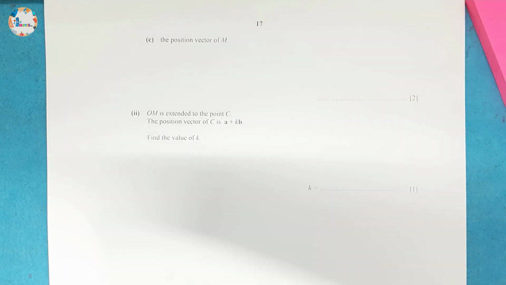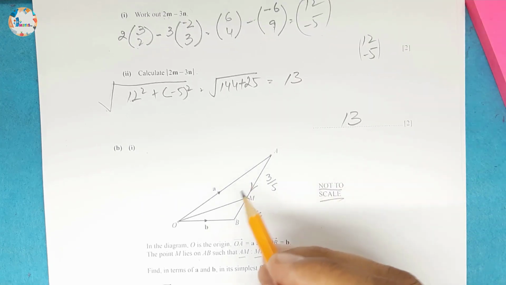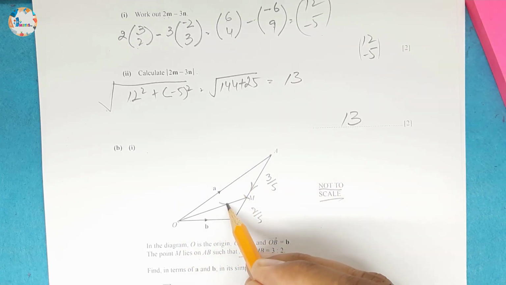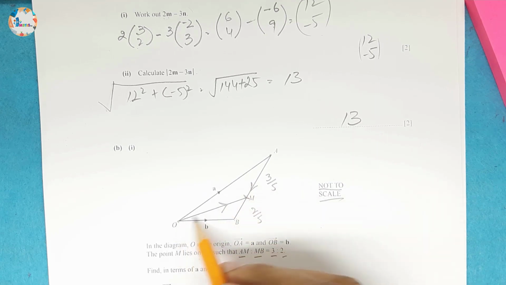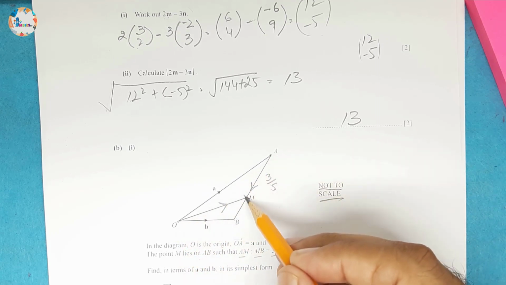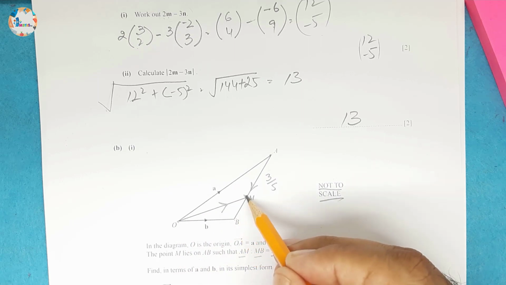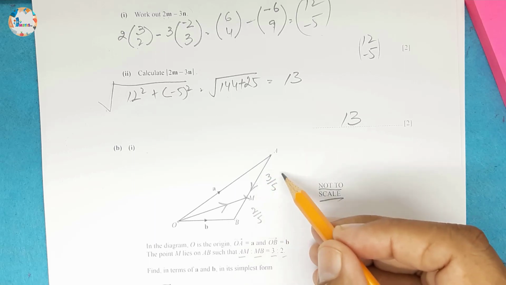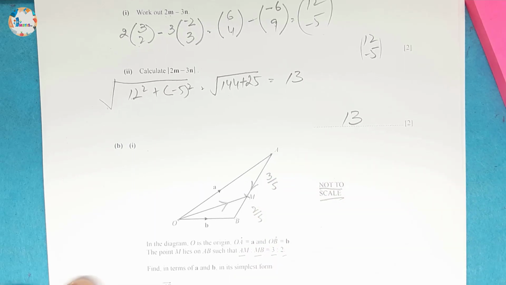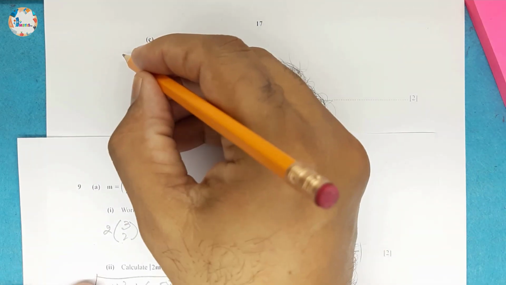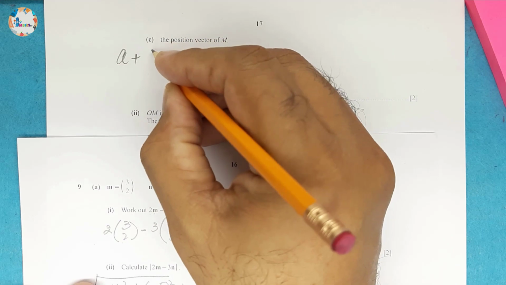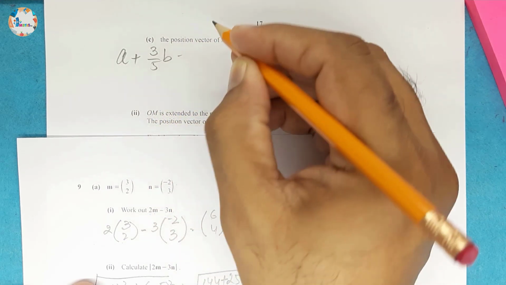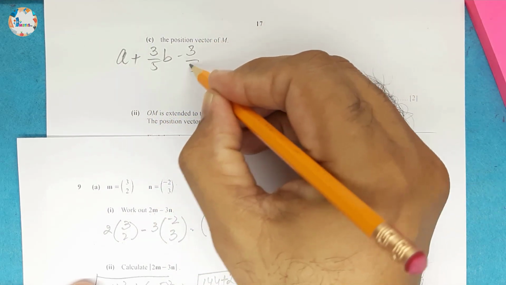Then comes the position vector of M. So the position vector of M will be OM, this direction, OM. To find OM, we can take this route and this route. So I'm taking a plus the answer which we got for AM in the previous part. So a plus 3/5 b minus 3/5 a.